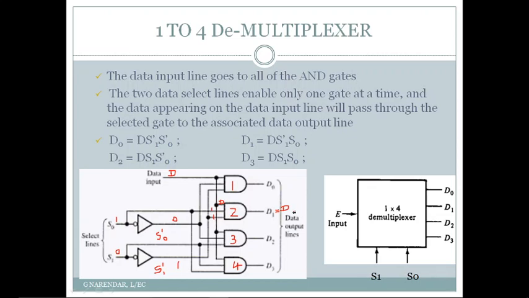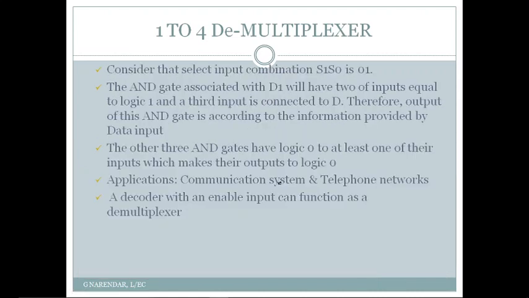If you choose a different combination for the select lines, then you will select a different output line, and the input data will be placed on that selected output line.